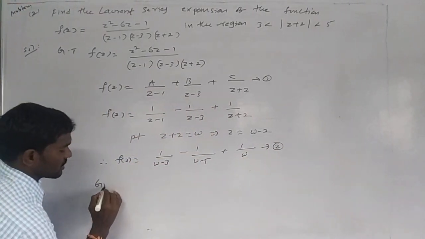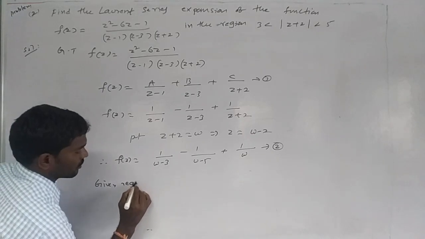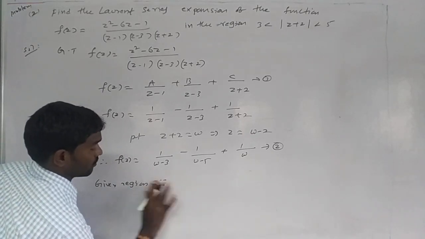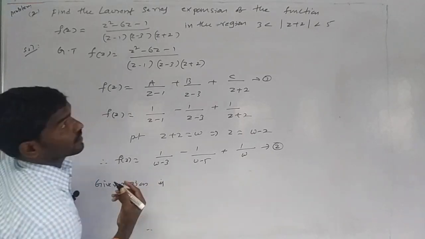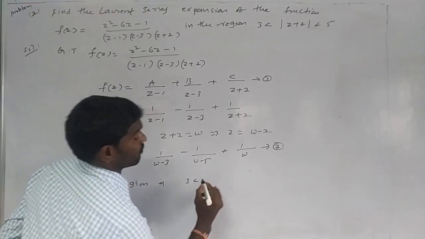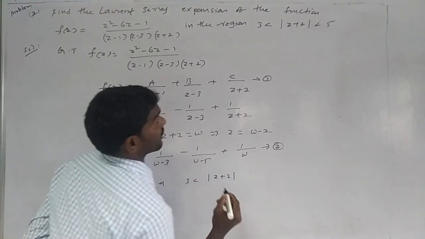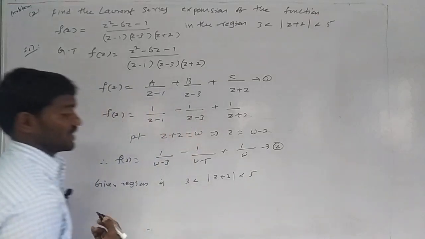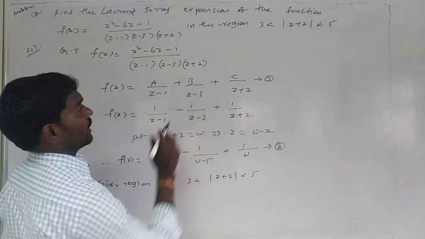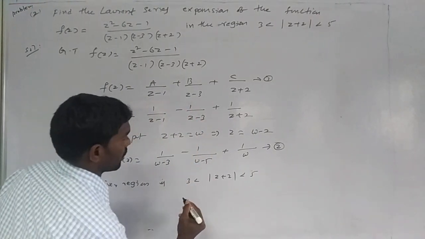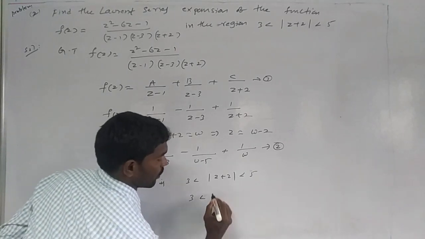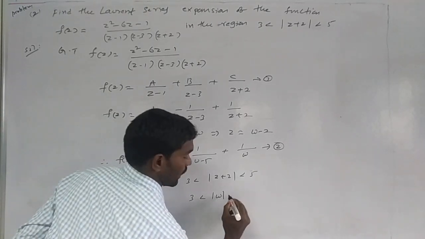Here the given region is 3 less than modulus of z + 2 less than 5. Since z + 2 is nothing but w, that is 3 less than modulus of w less than 5.